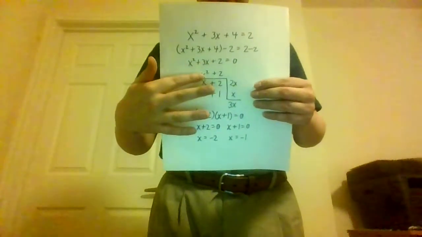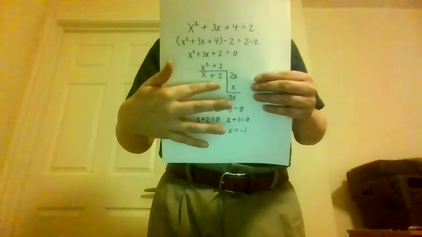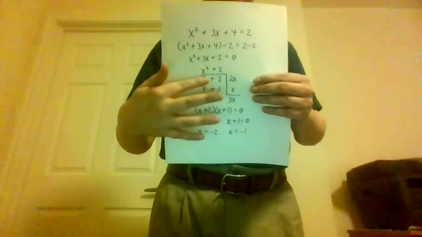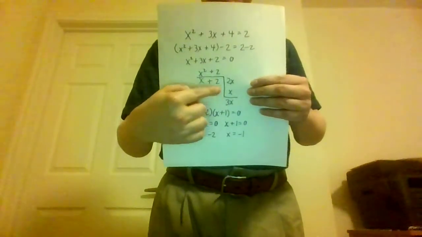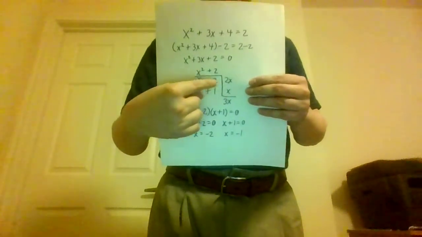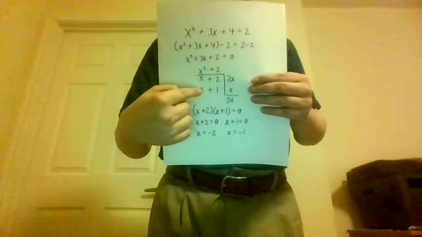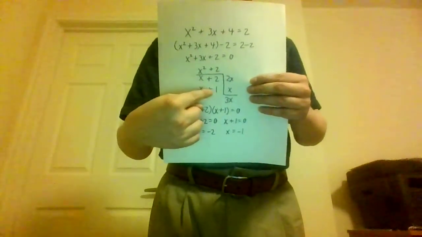You then separate the squared variable and the non-variable into multiple components. For example, x times x would equal x², and 2 times 1 would equal 2. You then cross-multiply these. For example, 2 times x would equal 2x, and x times 1 would equal x.